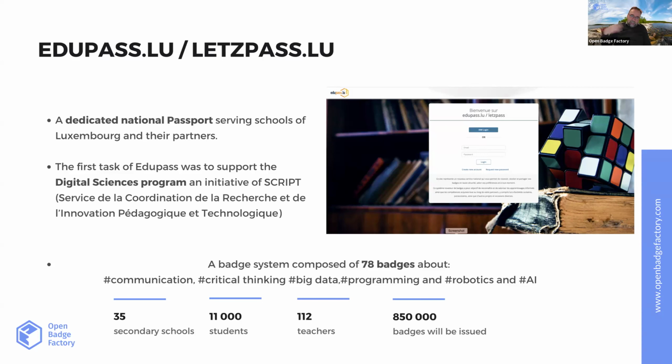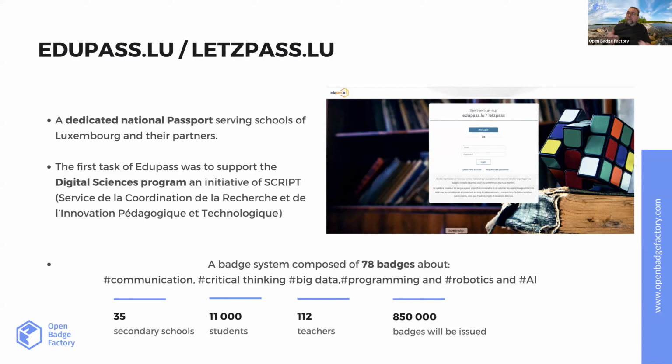But then we noticed very quickly that it was problematic because, first of all, it's very difficult to handle 78 badge applications with 35 different choices in the application, because the teacher can change the school, some teachers can disappear.